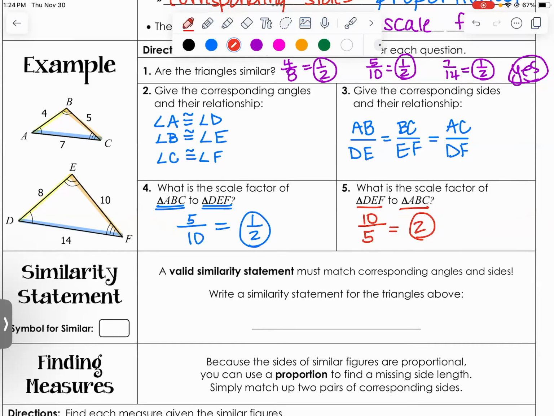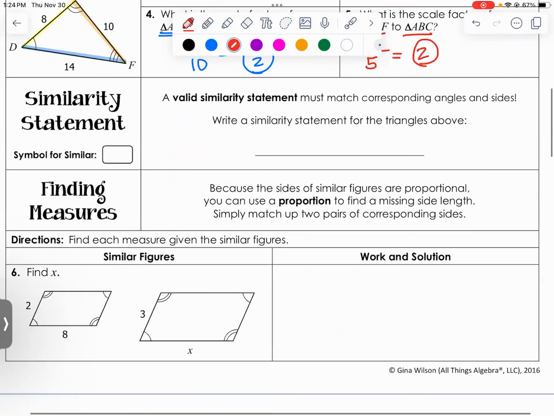Now, I want you to write this. We have a symbol for similar. It's the squiggle. That's not an equal sign, that's a similar sign.